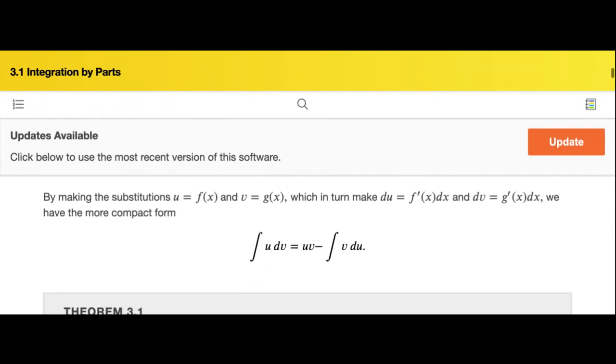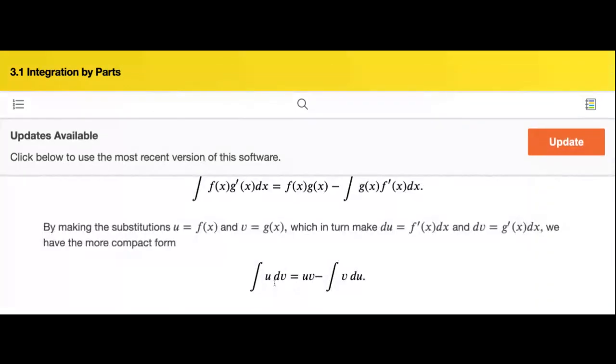A lot of times you see books writing it as u dv. The integrand is a product of two functions, so we treat one of the functions as the derivative of another function. So the integral of u dv equals uv minus the integral of v du.